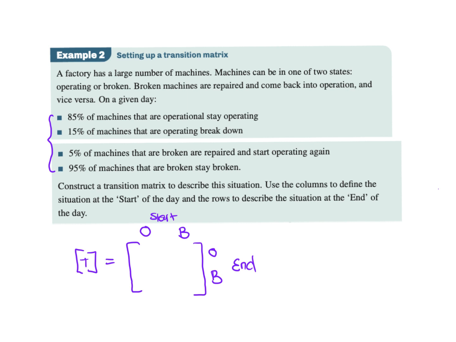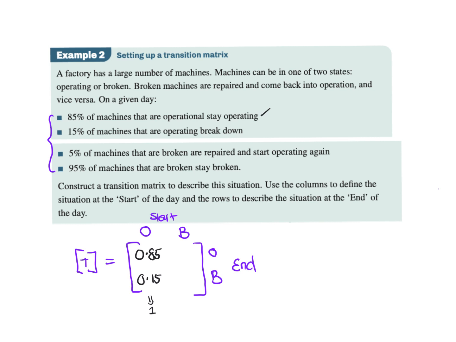If you look up here, this first little thing said 85% of the machines that are operating stay operating. So O to O is 0.85. Then it said 15% that are operating break down, and that's good because I can see that adds up to 1. You don't have to put that arrow that it equals 1, I'm just showing you that.